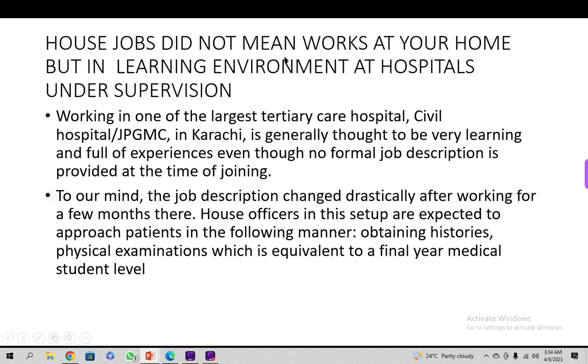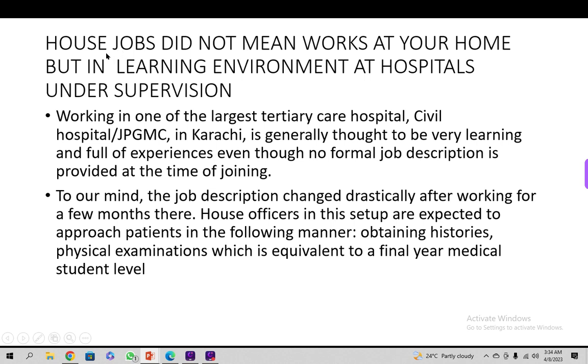Then the house job does not mean work at your home, taking the manual work at the home, because 80% of house jobs are achieved by the girls rather than the boys. When they arrive at their home, they have to do some work at their home also. But this house job does not mean the home job.